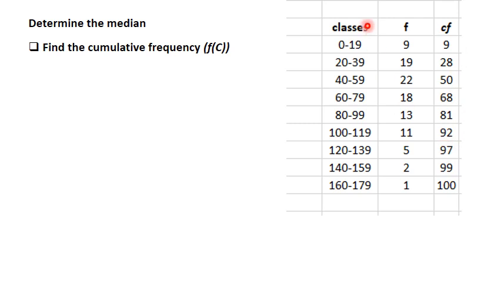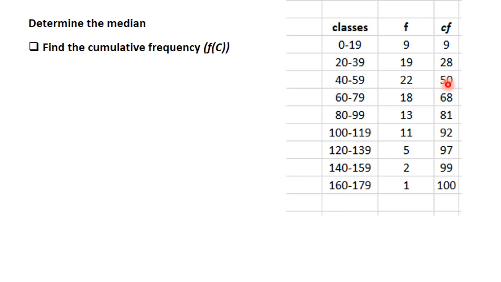Given the data had just the classes and the frequencies, but now I've added the cumulative frequency. As the name suggests, it just means getting the values in this column here. It means that the values are gotten by adding the f's cumulatively. For example, in the first class we had a frequency of 9. So in the second class, the cumulative frequency value will be 9 plus 19, 28.